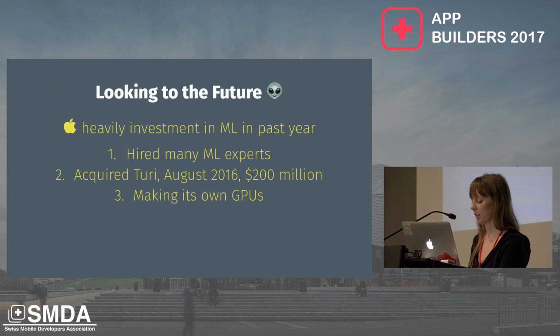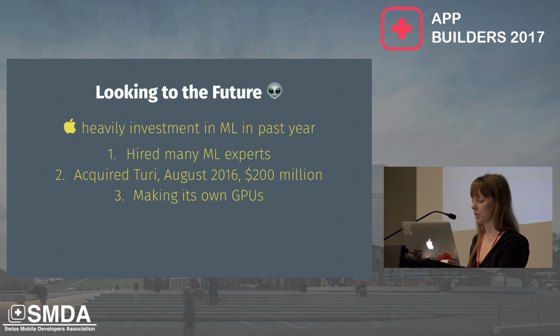But I think it's pretty likely that that's going to change. I wouldn't be surprised if at this WWDC they release something really big, because in the past year they've hired a lot of machine learning experts from industry and academia, and they acquired Turi, which was a really well-regarded platform for training models.